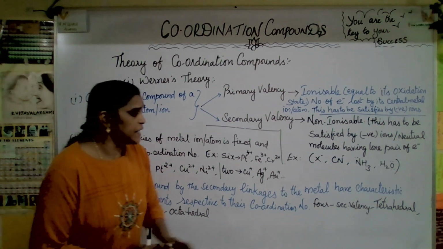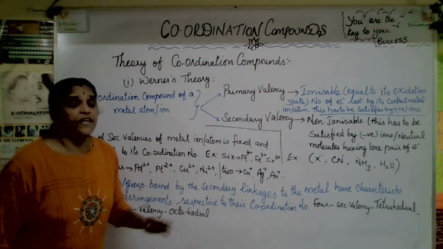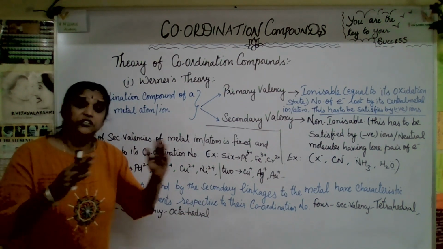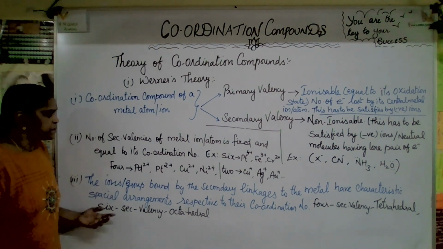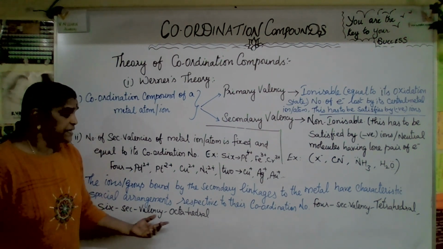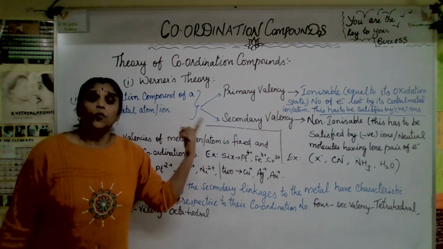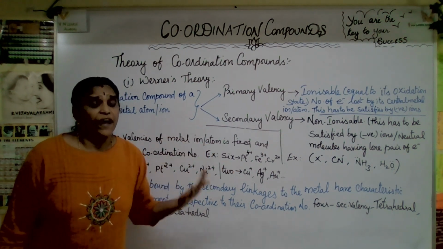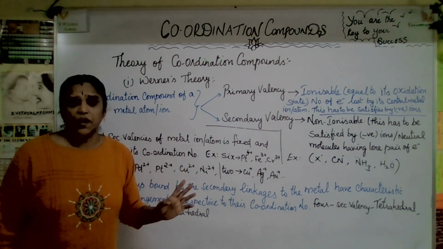Four secondary valencies means a tetrahedral shape. So they also provide the spatial arrangement, that is, the shape of the molecules. Six secondary valencies means octahedral. Now let us identify the molecules, and see the merits and demerits.